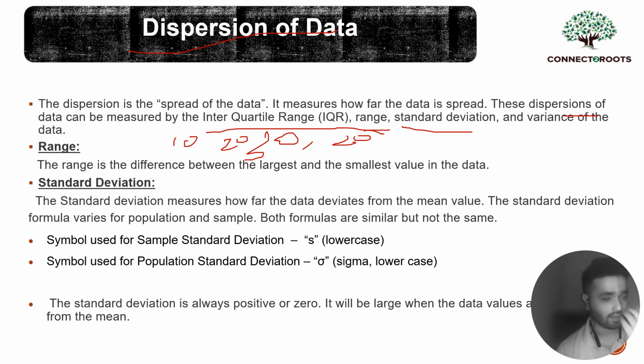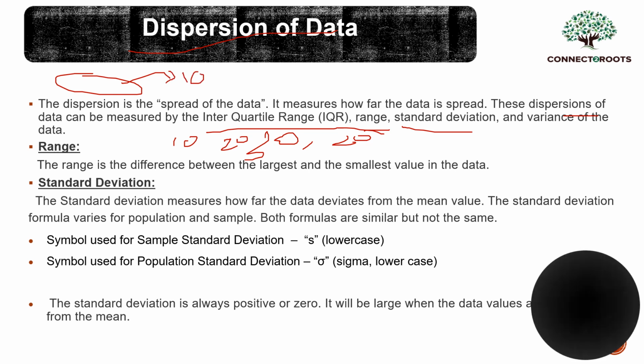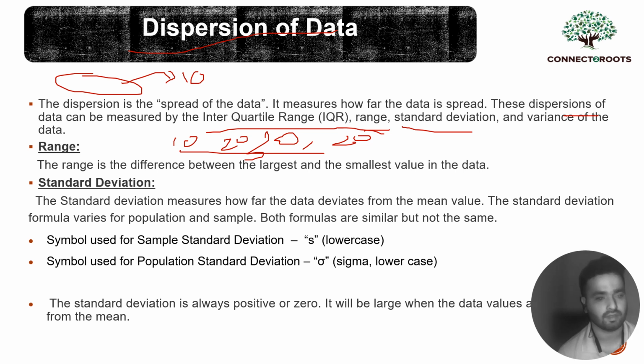So what is standard deviation? Standard deviation measures how far the data deviates from the mean value. Suppose you have a data set and you assume that its mean is 10. But if you see here, there are 30, 40, 50, 60 by 3, it's 20.